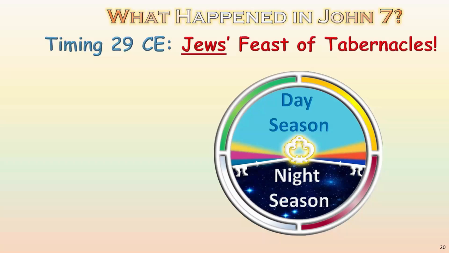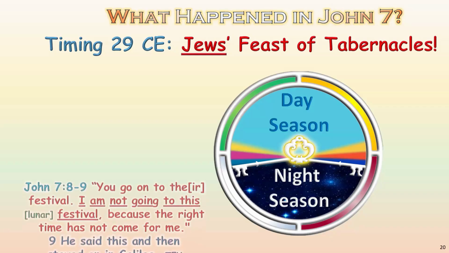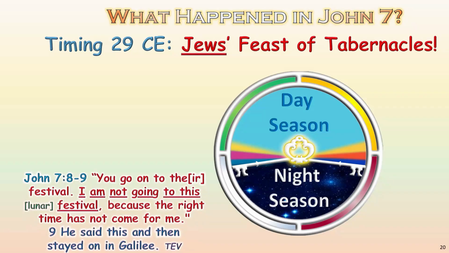But what happened in John 7? The timing is 29 Common Era, and in John 7, it's talking about the Jews' Feast of Tabernacles. It was their feast. It was not talking about the Feast of Tabernacles of the Torah. It was the Jews' Feast of Tabernacles.